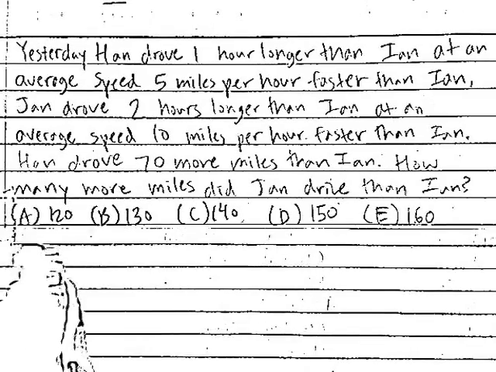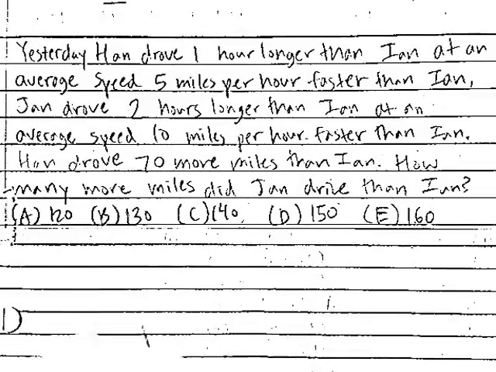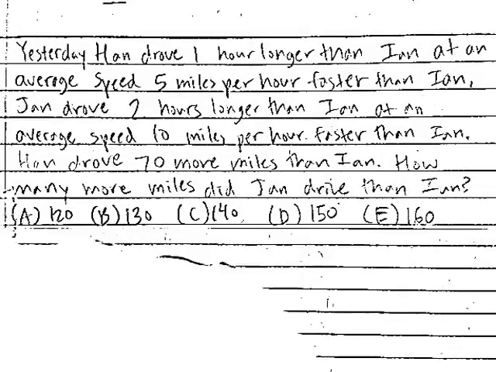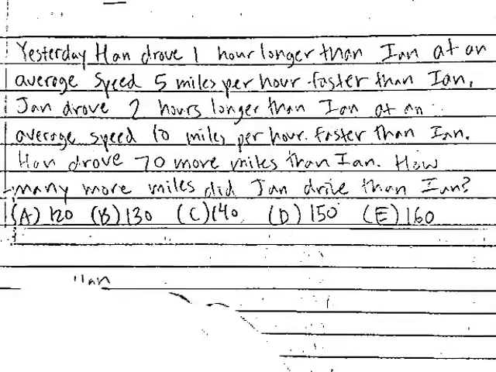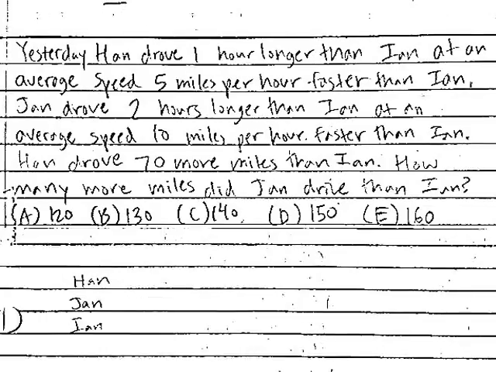And here I have the answers, which are either A, 120, B, 130, C, 140, D, 150, or E, 160. I'm going to draw a chart to organize the information better. So I'm going to do Han, John, and Ian.